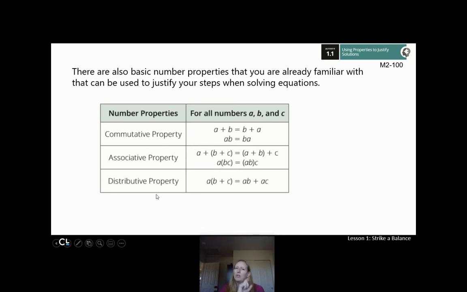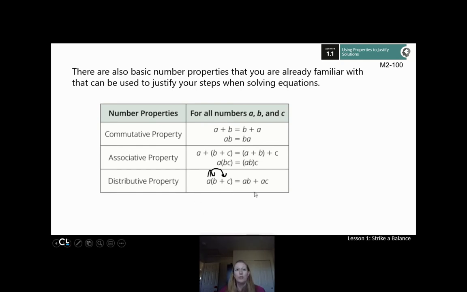If all three of them have to be multiplied, they give me the same answer. Last but not least, one of the big ones that we use so much, is the distributive property. If I have A times the sum of B and C, then it equals AB plus AC. That just means we distribute. We often write it like this when we're doing the work: A times B, A times C. This is just one of the ways that we write it.